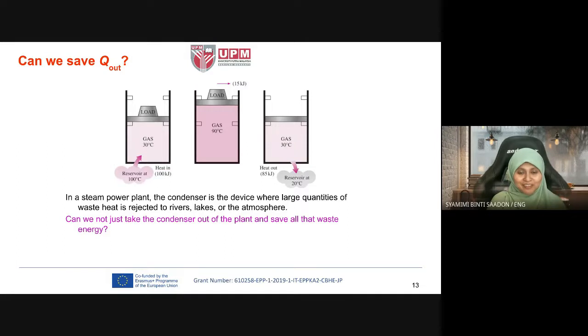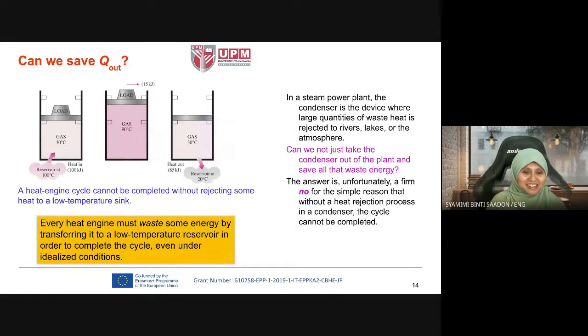We can save all the output power, right? Okay, the answer is of course no. A heat engine cycle cannot be completed without rejecting some heat to a low temperature sink.